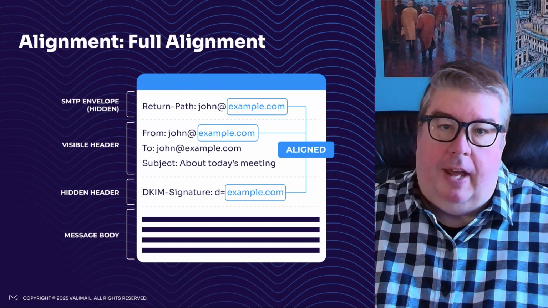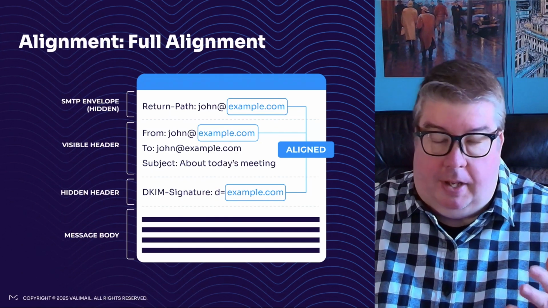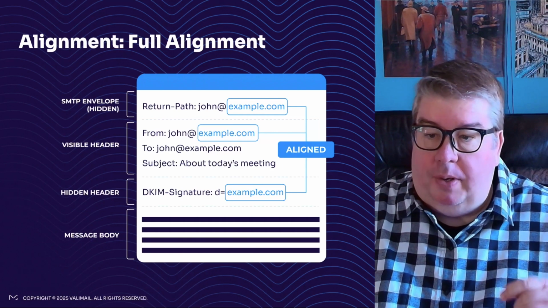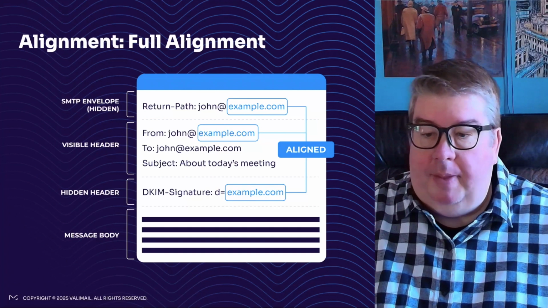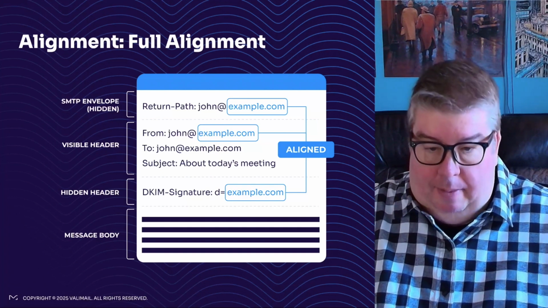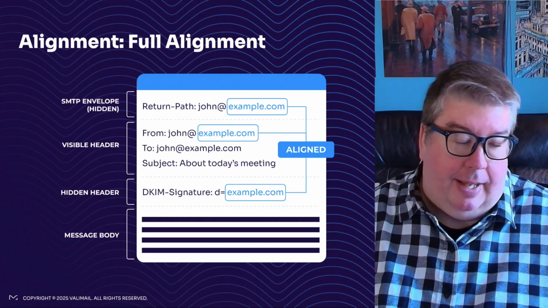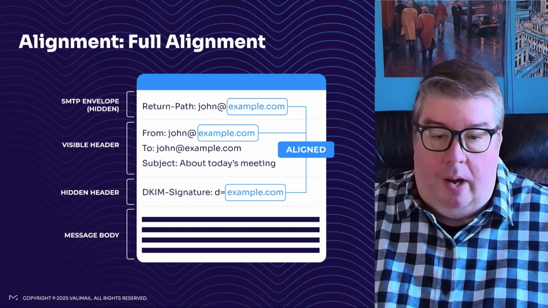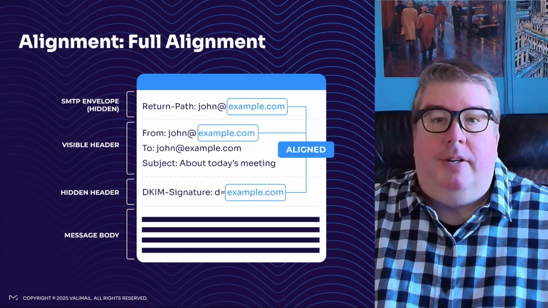You configure that primary domain in there and you're good. This is going to fully match up. The return path or SMTP envelope is example.com. The DKIM domain is example.com. The visible from header is also example.com. All three of those align. That's perfect alignment. It's a bit belt and suspenders because if one of them fails, the other one will still pass, and that should be enough to pass DMARC checks.